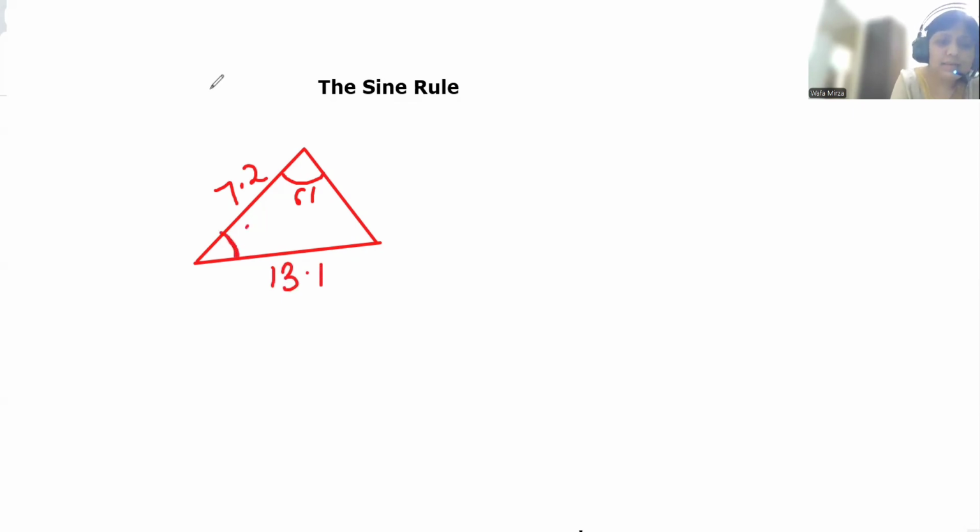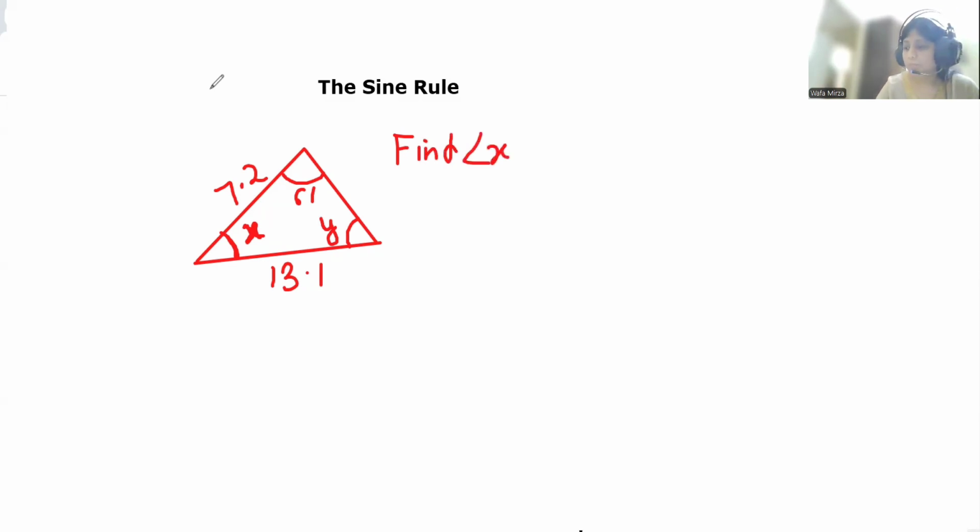Let's say this angle is x. Here I will name this other angle also, because while doing the calculation, I need angle y also, right? Now how will I write the sine rule? What I want to find is angle x.